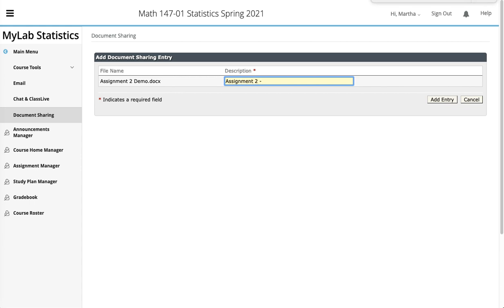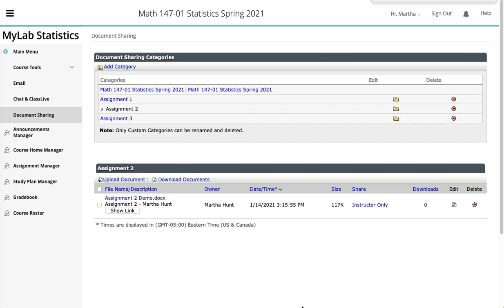Might not be a bad idea to put my name on it. And then add entry. And there it is. So I have uploaded my document, and that's how you would upload your document.